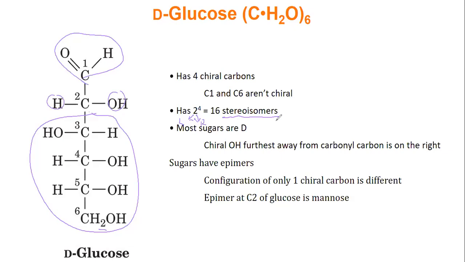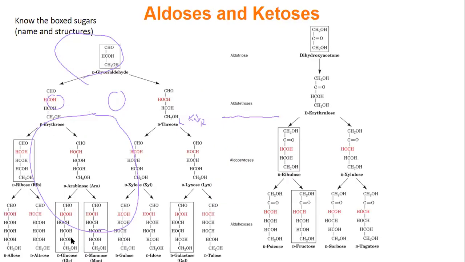It's just how many different possibilities there are. So if we go back to the previous slide, glucose and mannose are stereoisomers of each other. Same number of carbons, both aldoses. The only difference is which directions our OHs are pointing. So everything on the bottom left there, they're all stereoisomers of each other.